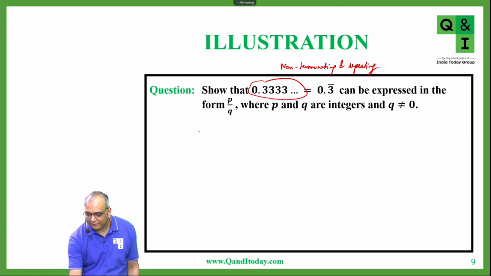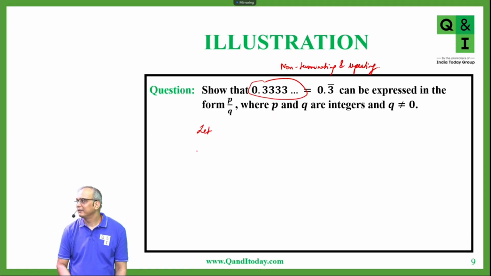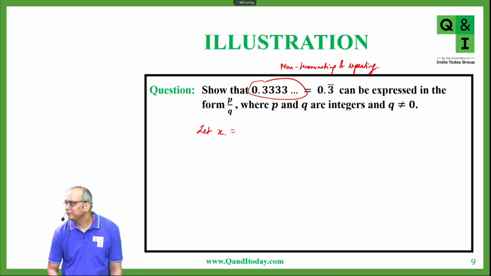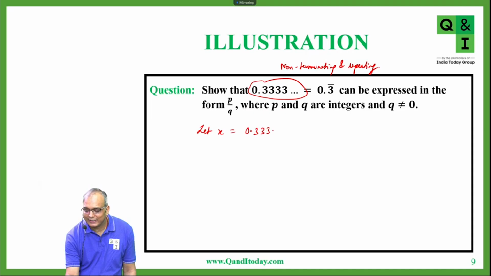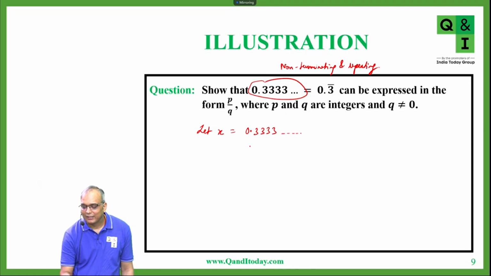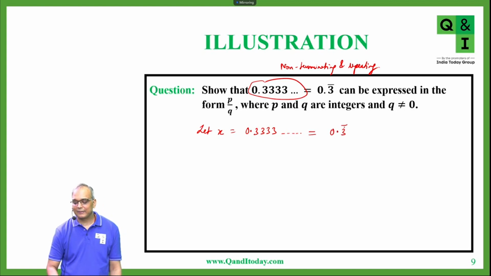So in these questions, what we do, we write it as let x is equal to 0.3333 and so on, that means we can write it as 0.3 bar.